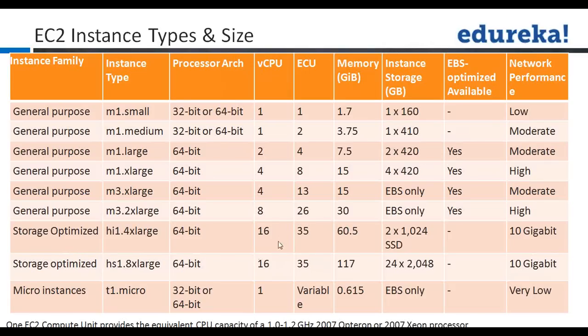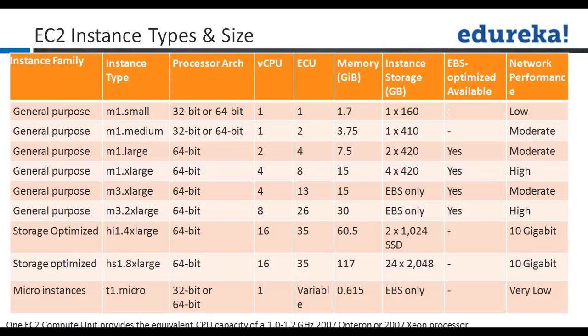It would have 16 cores with 2 ECU for each core. That would make a total of 35 ECU for you. If you take the general purpose M3.2xlarge, it would be 26 ECU, meaning you have 8 cores and 3.25 ECU, that's Elastic Compute Unit, in each core. So that would make a total of 26 elastic compute units.